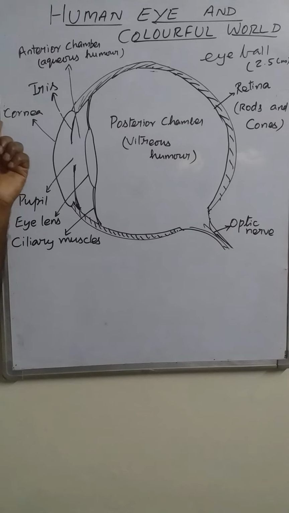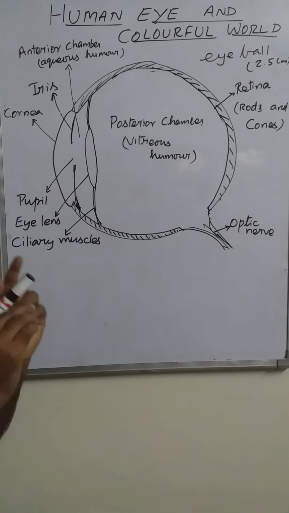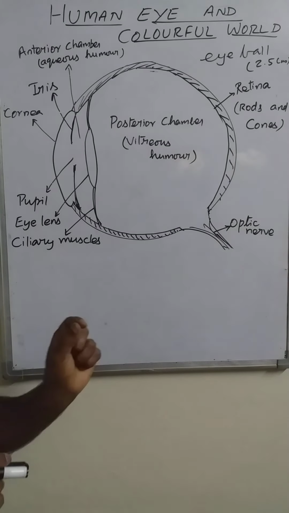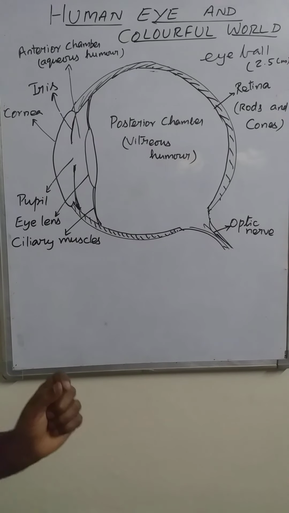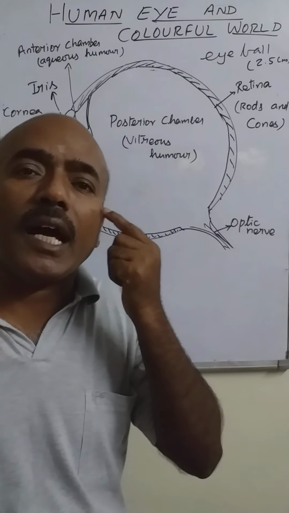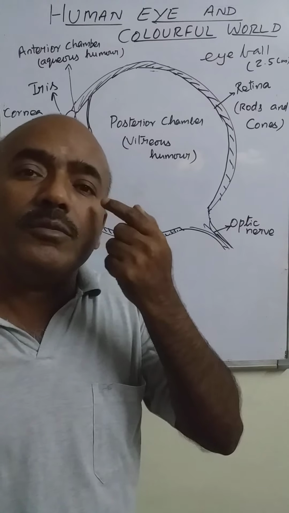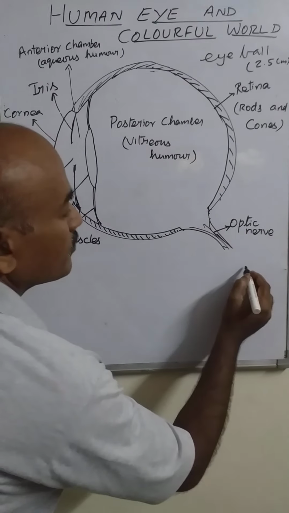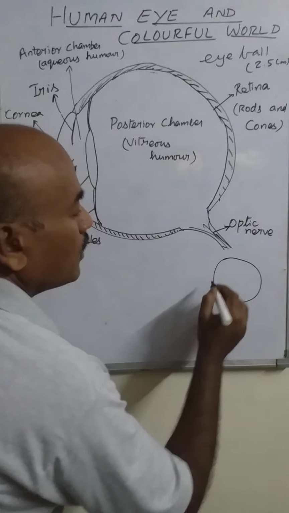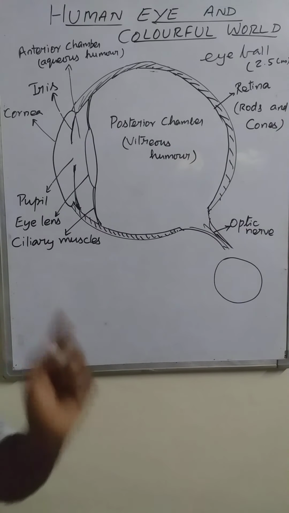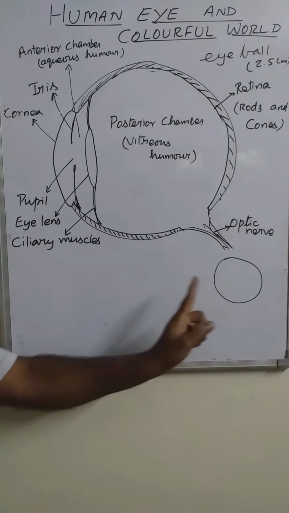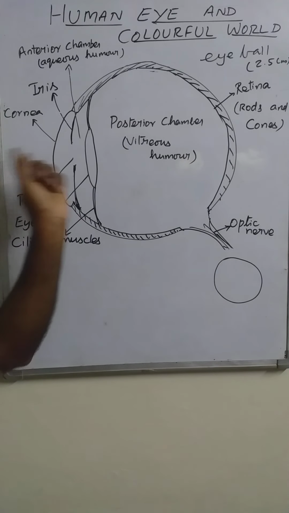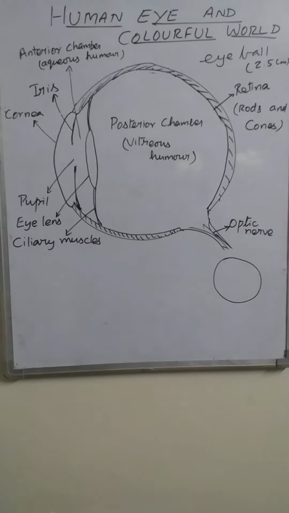The cornea is also known as the window of the eye. In our eye, the black circle which we are seeing, which is moving sideways, that is the cornea, the transparent part through which the light enters. The other parts are opaque.